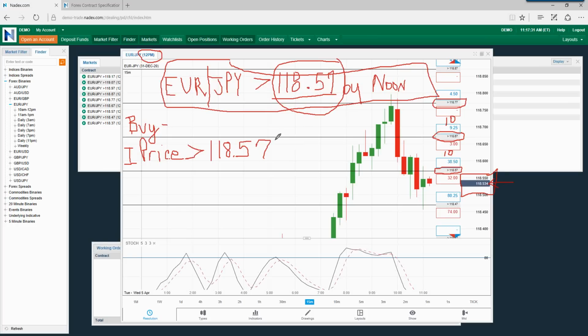Okay, so if I am greater than 118.570, okay, if the indicative price index is greater than this number, I will make money, okay? So if it is at 118.571, I win, okay? I will make money, okay?